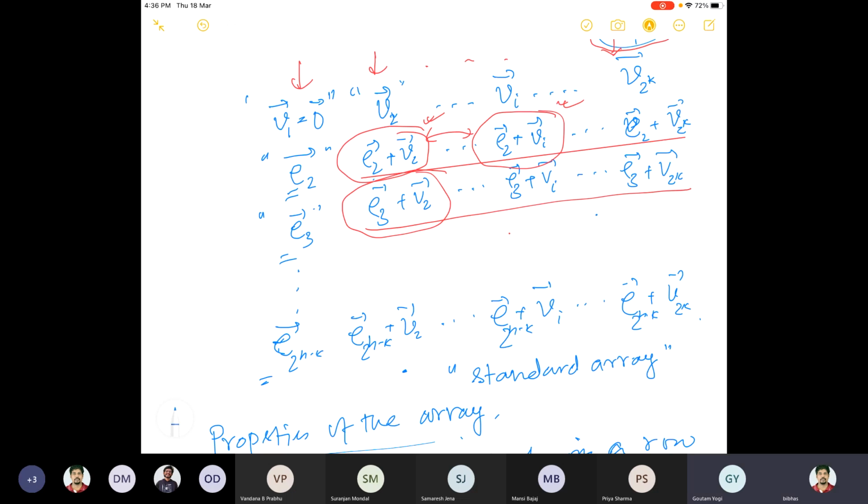Now, suppose we're going to prove that it cannot appear twice in two different rows. Then what do we have to assume? Let us assume that there are two rows where the same n tuple can appear.